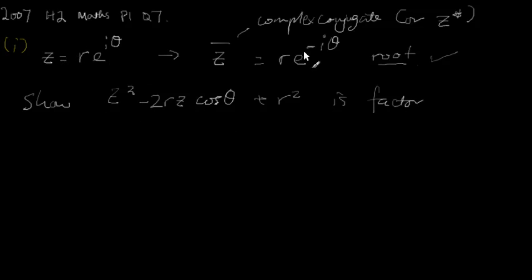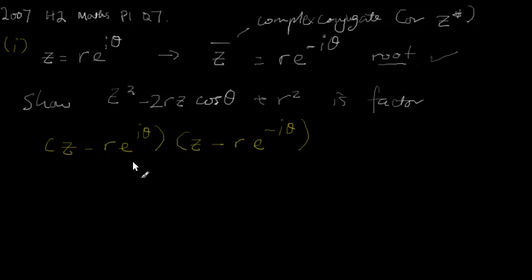Since this and this are roots, then z minus the root must be a factor, from the factor theorem. And z − r e^(−iθ) must also be a factor.